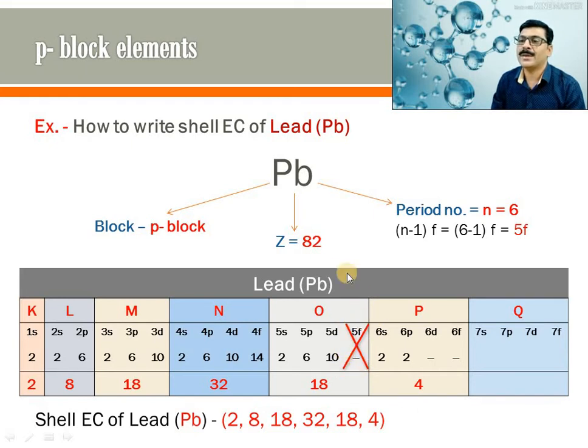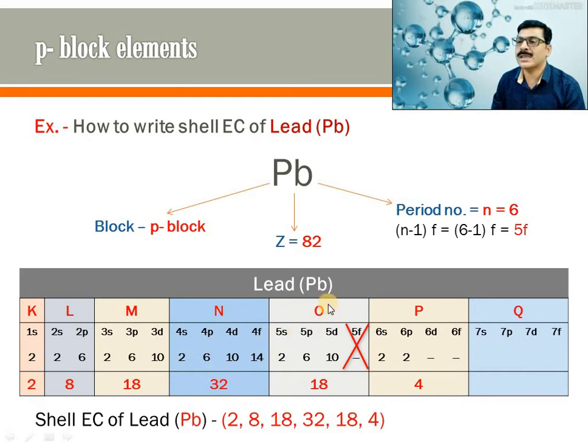Now then you can write the shell capacity. The K shell contains the 1s orbital and it has 2 electron capacity. Then the L shell contains 2s and 2p, so 8 electron capacity. The M shell contains 3s, 3p and 3d, so 18 electron capacity. The N shell contains 4s, 4p, 4d and 4f, so it has 32 electron capacity.